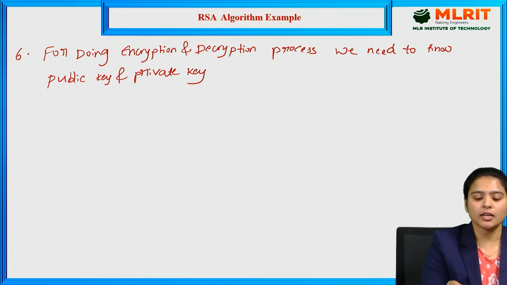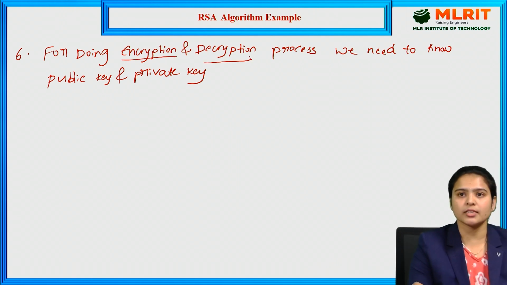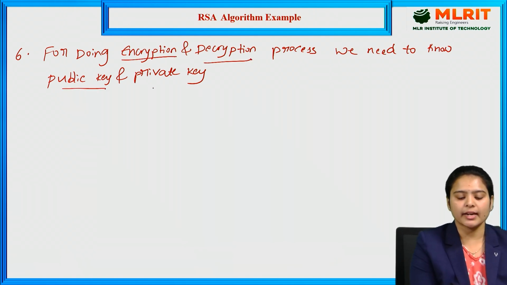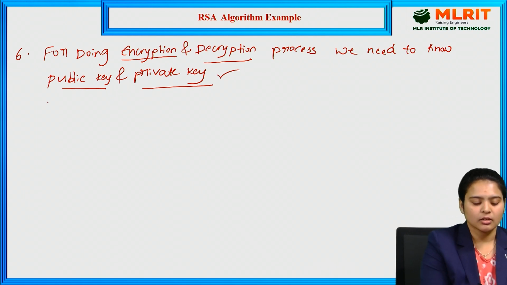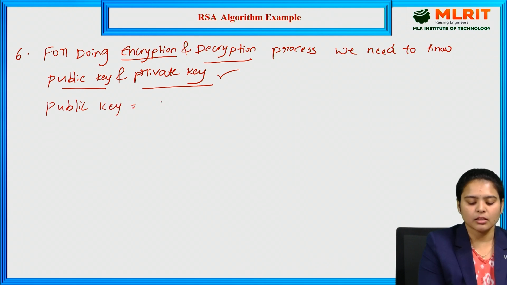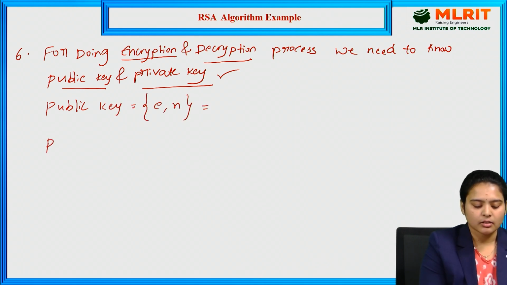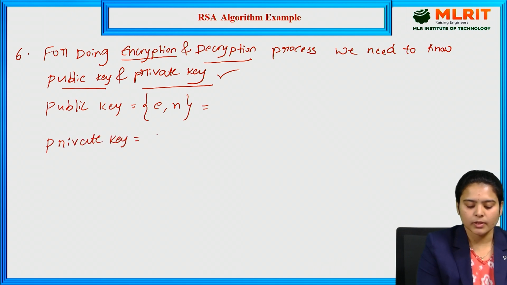For doing the encryption and decryption process, we need to know the public key and private key. So these both keys have to be seen. First one is the public key. Public key equals E comma N. Then private key equals D comma N.